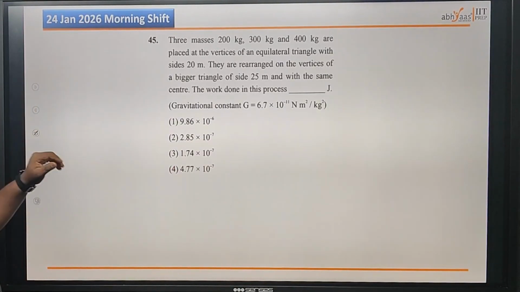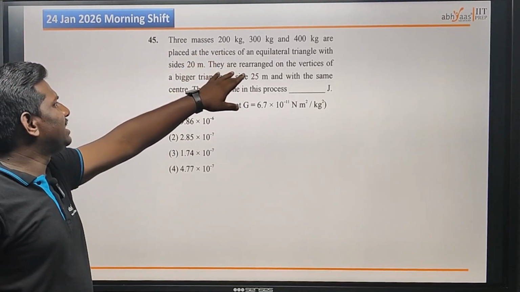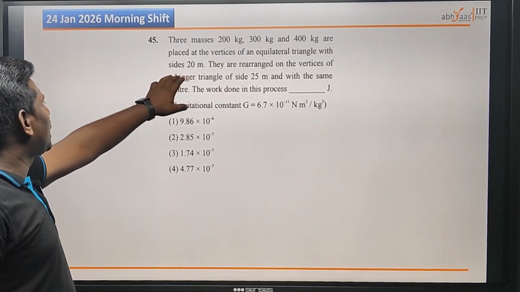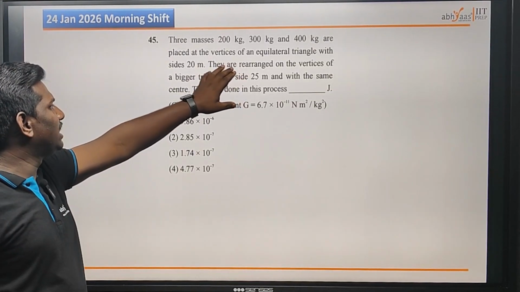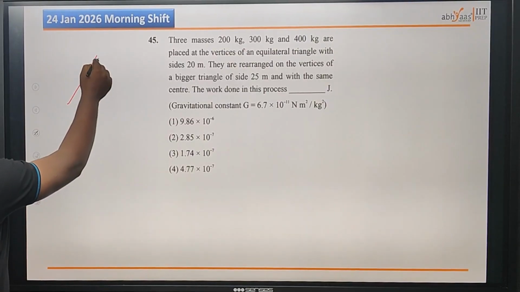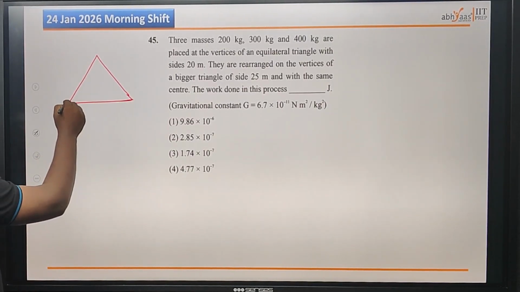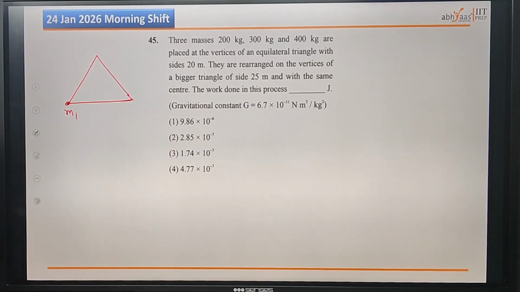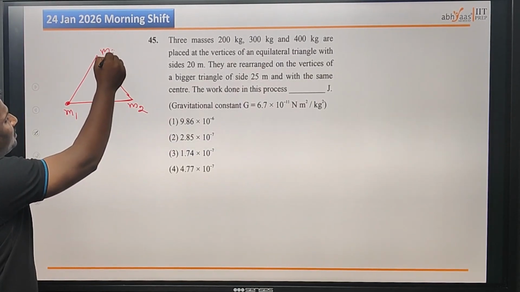Next one, see here. Question number 45. Three masses of 200 kg, 300 kg and 400 kg are placed at the vertices of an equilateral triangle having sides 20 centimeters. Take M1, M2 and M3.